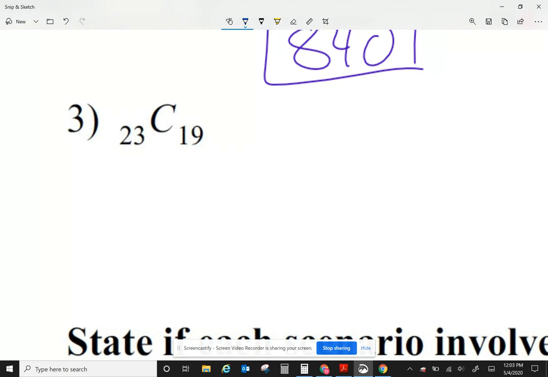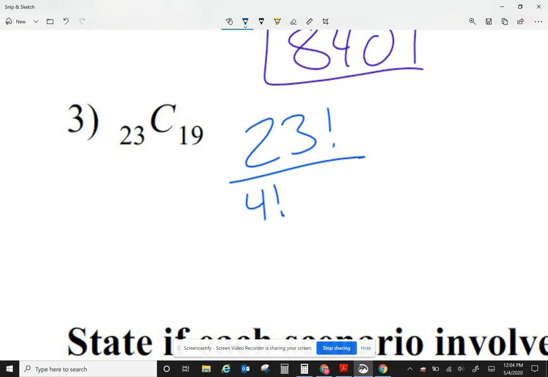How many possible ways can you choose 19 people out of 23? Now, we're going to start with the same thing as we started permutation. I'm going to do 23 factorial on top over 4 factorial, the 4 factorial because I subtracted 23 minus 19.